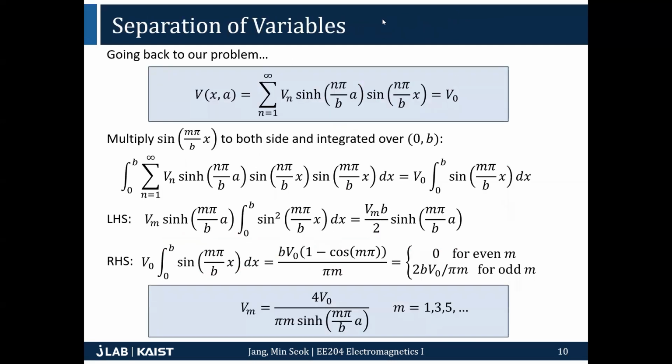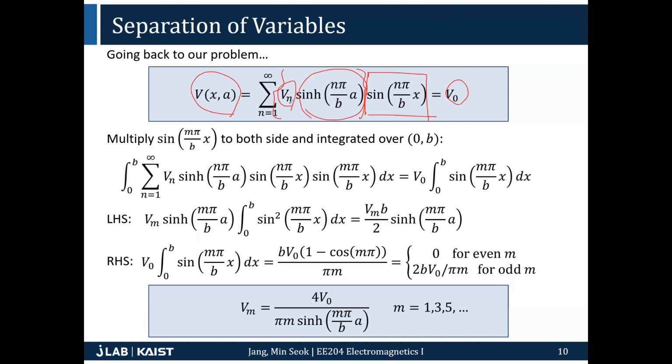So this is your problem. This function, which is this v0, we know the value, is expressed as a linear combination of sine functions, right? And all these things are just coefficients like n pi, b, a, vn. We don't know vn, but this is what we know already.